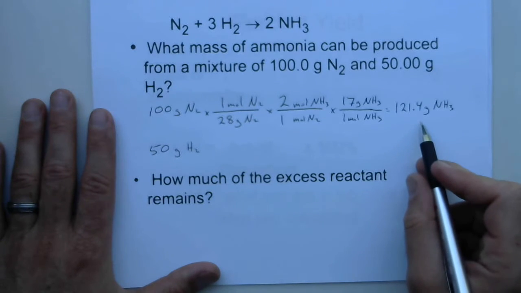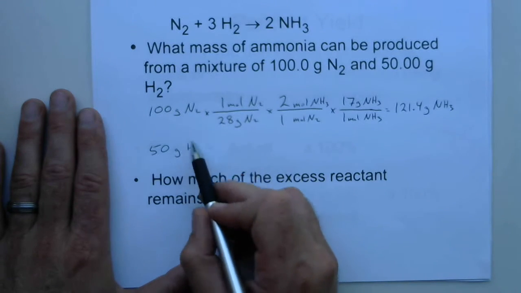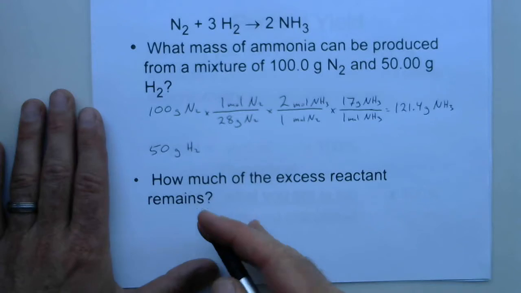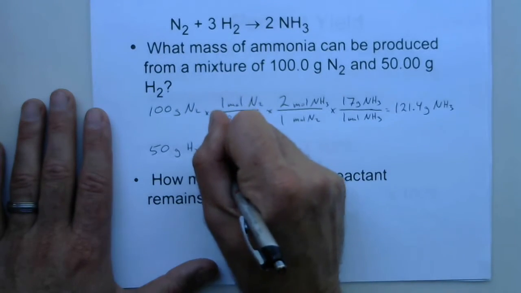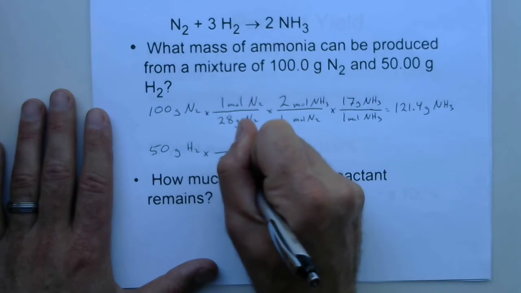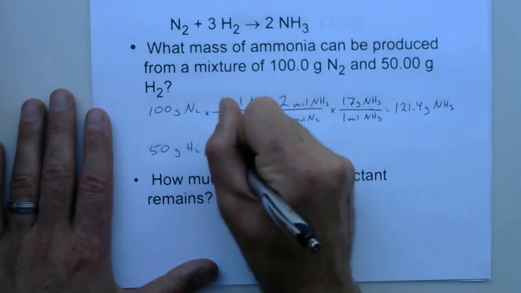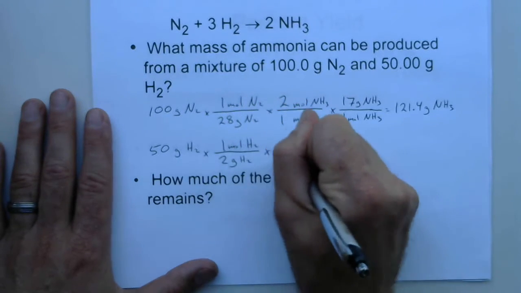We don't know if we'll actually be able to make that amount, because we don't know if our hydrogen is going to run out first or second. We don't know if that's the limiting reactant or the excess reactant. So let's do the same process with the 50 grams of hydrogen that we were starting with. Hydrogen's molar mass, it's diatomic, so 2 times 1 is 2 grams of hydrogen for every 1 mole of hydrogen.